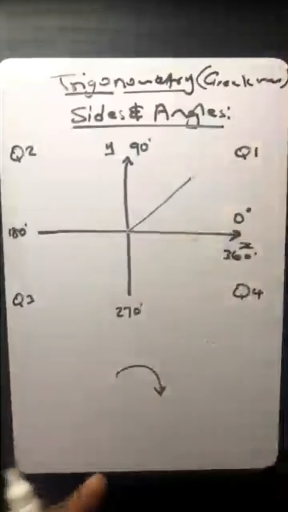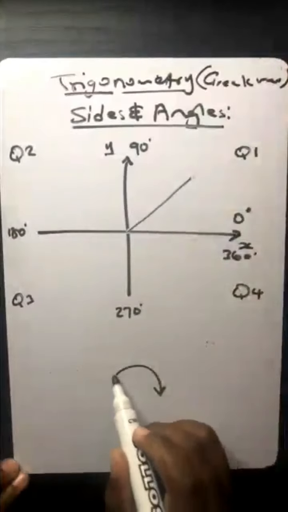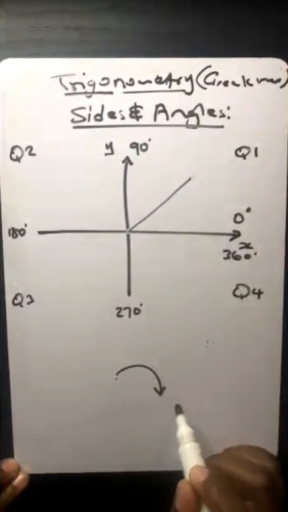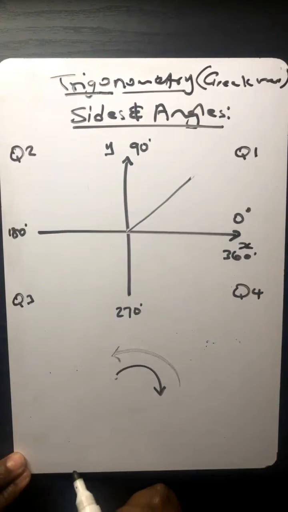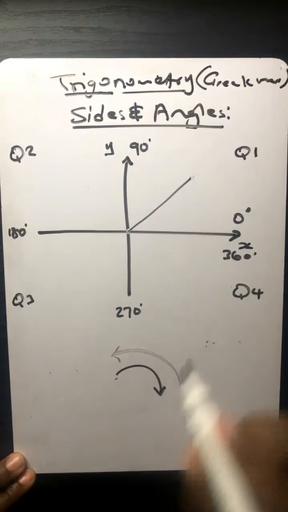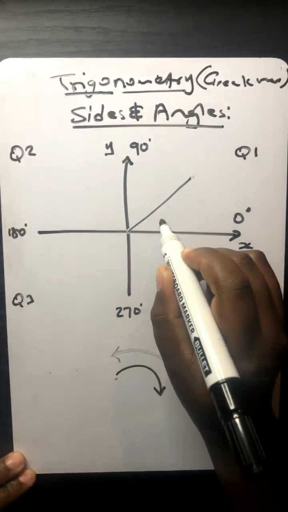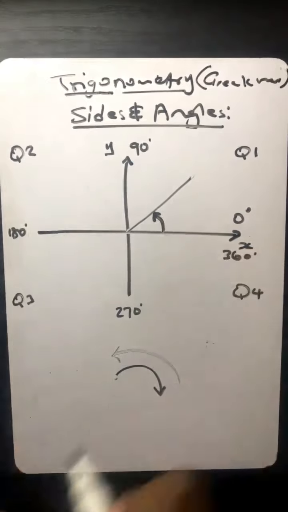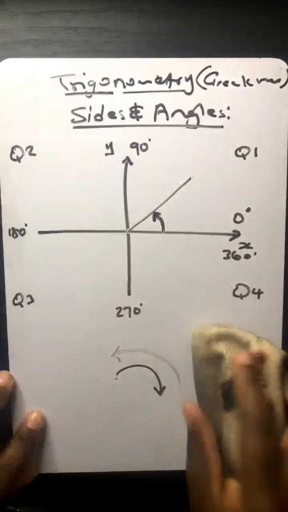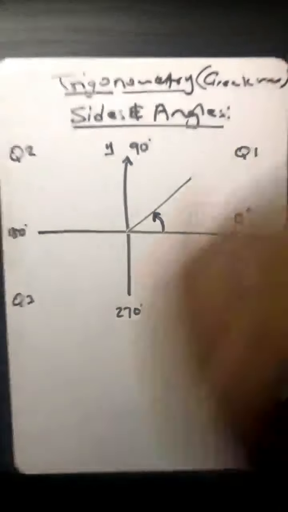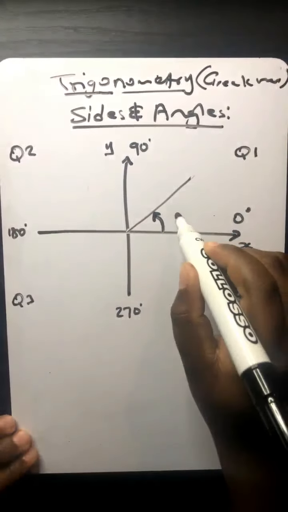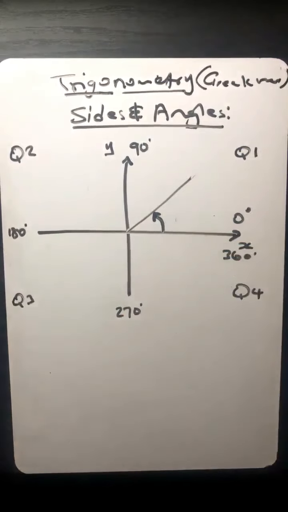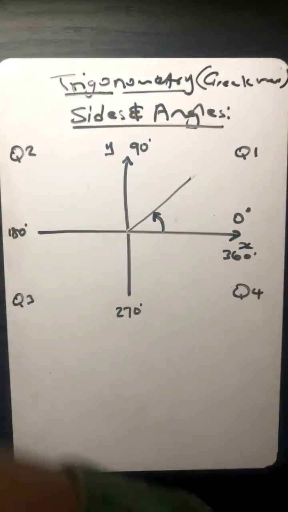Okay, so what I was explaining is this is a clockwise direction. The opposite of clockwise is anti-clockwise, which is in that direction. So the angle that we are measuring is in an anti-clockwise direction. This angle is called the inclination angle. Let me get a different marker.